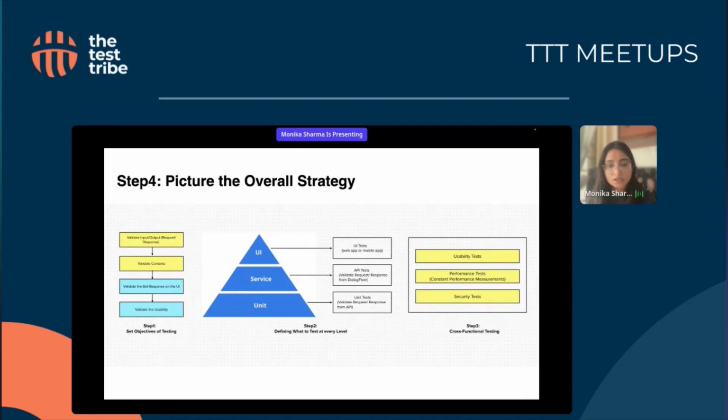The reason is that we want the majority of the test coverage at the unit level. After that, at the service level, we check the integration, basically with the API tests. And at the top, we have the UI tests, which are comparatively minimal in nature.